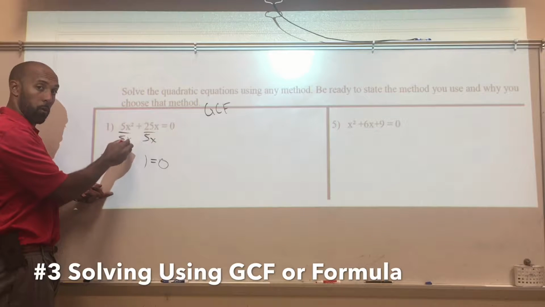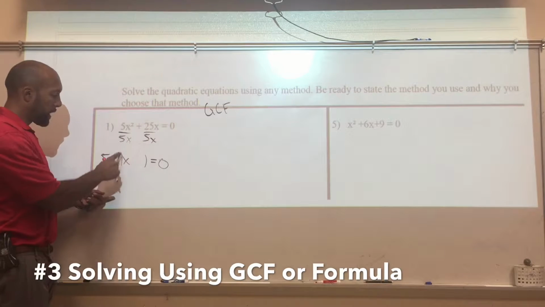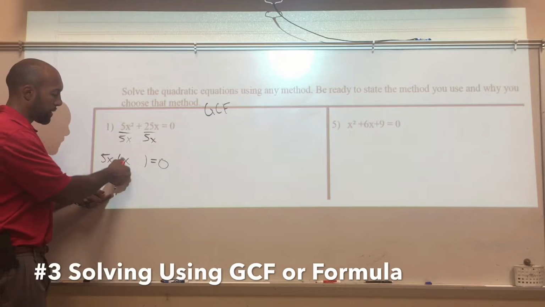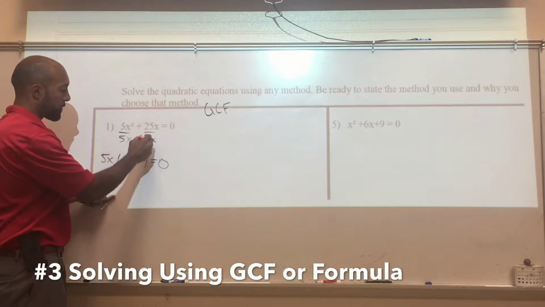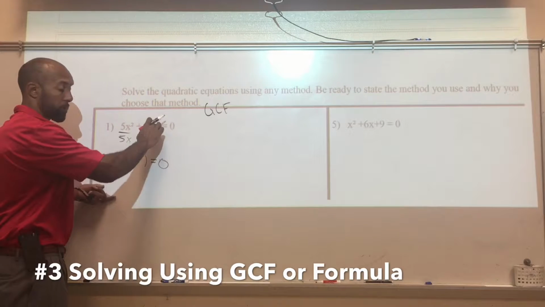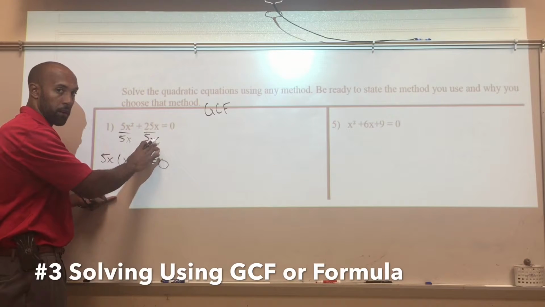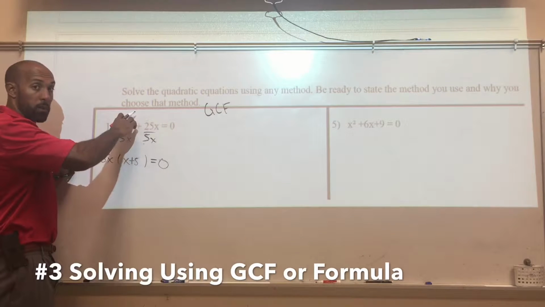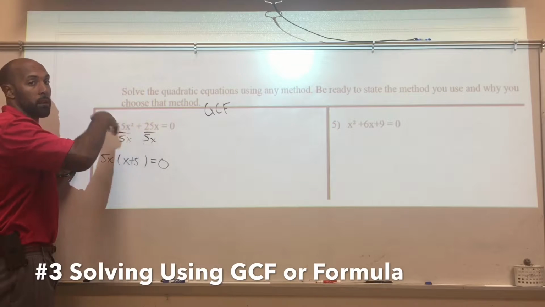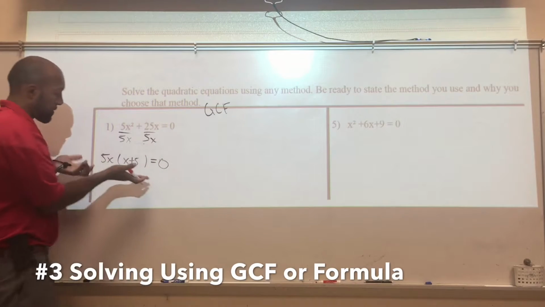If I have 2 x's here, 1 here, that means I have 1 left over. And I don't need a 1 in front of the x. And then bring down the plus. 25 over 5. 5. If I've got 1 x here, they cancel each other out. It's only if I have one more on the top or more on the top that I'll have some left over. So now I have this.